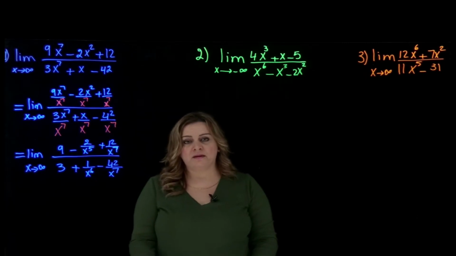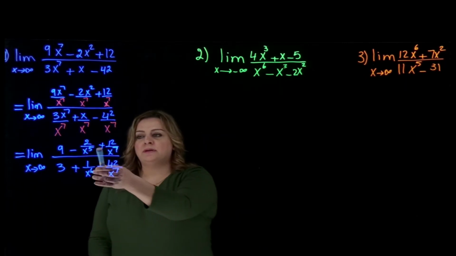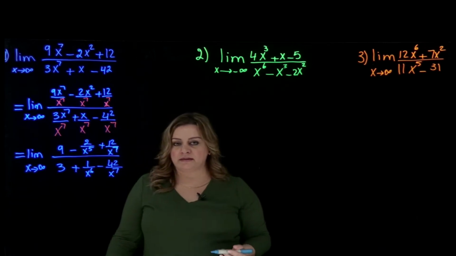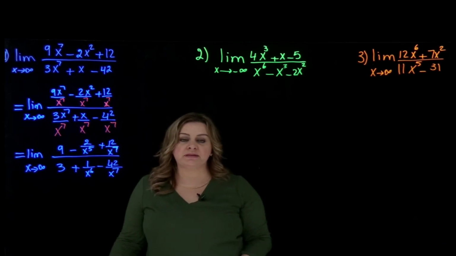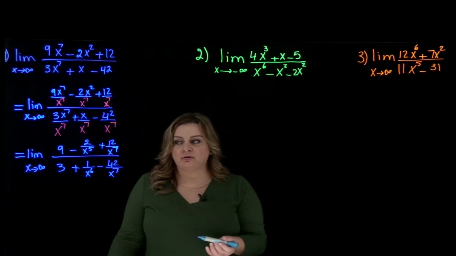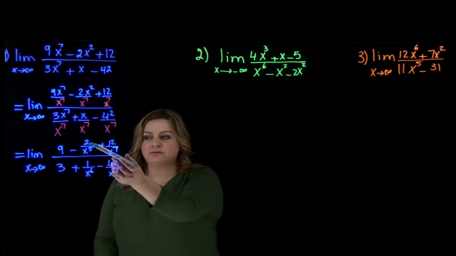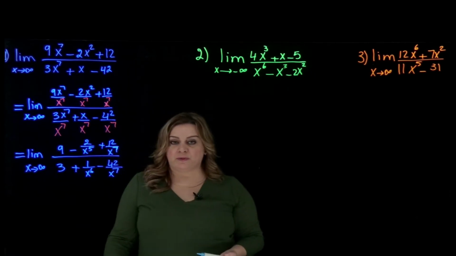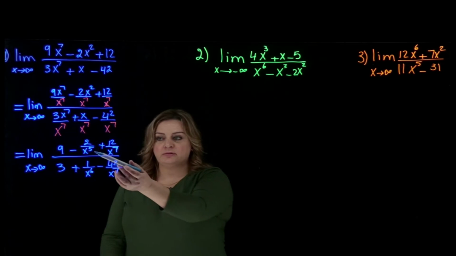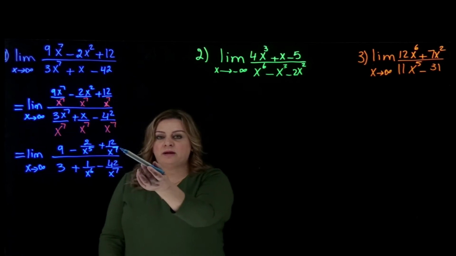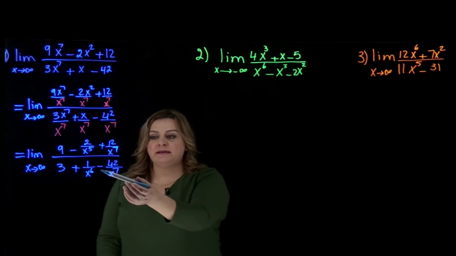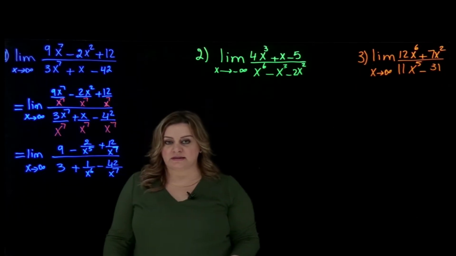Now, what will happen to the terms that are divided by x to a power as x approaches a very large positive number? Try that on your calculator. Enter -2 over a very large positive number. You will notice that your number is approaching 0. The same thing with 12 over x to the 7, 1 over x to the 6, and -42 over x to the 7.